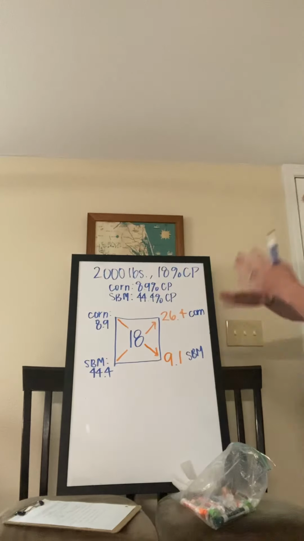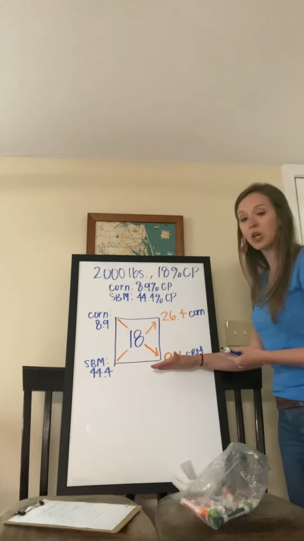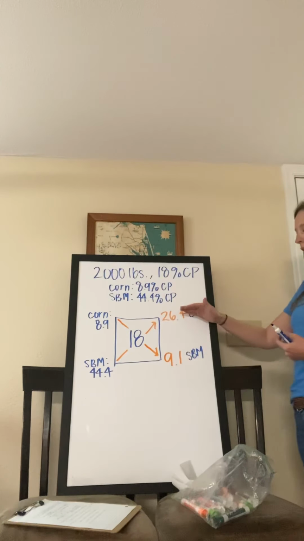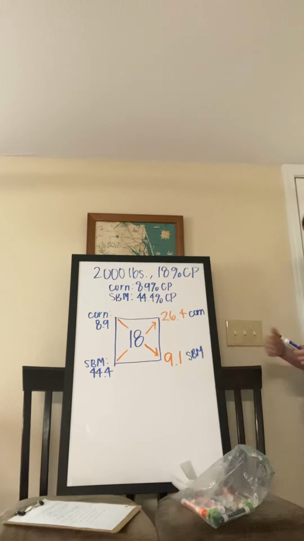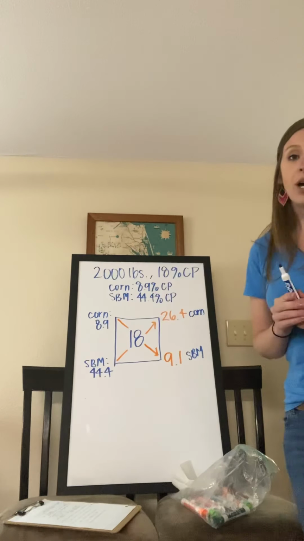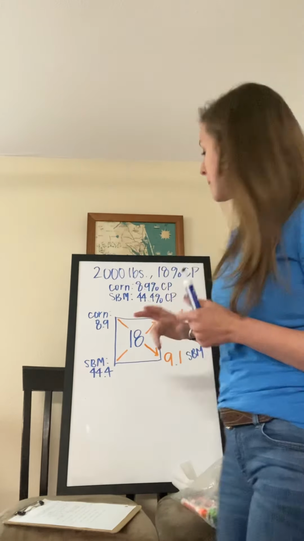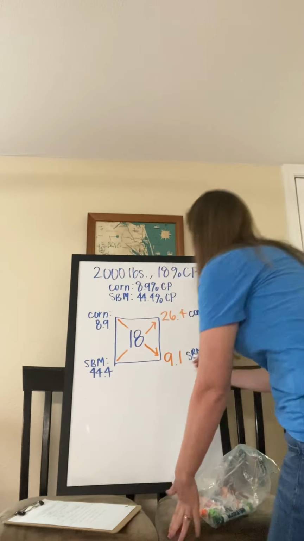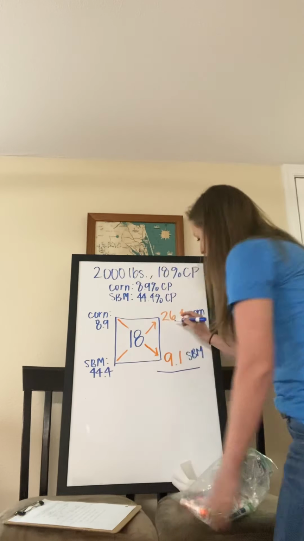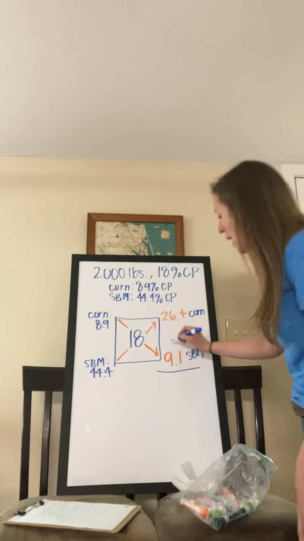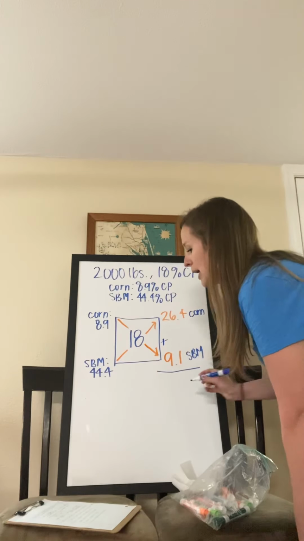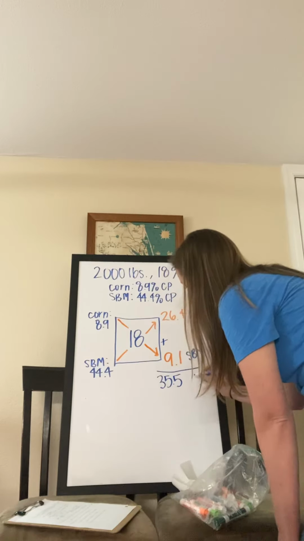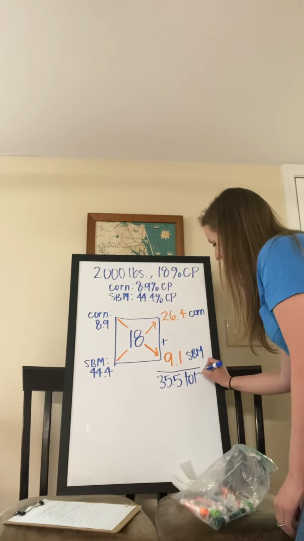Okay, so up to this point, we're kind of done with our square. That's all you're doing with the square. We subtracted, and then we got parts of corn and parts of soybean meal. Our next step is that we add these two numbers together. When I take 26.4 plus 9.1, I get 35.5, and that's just the total altogether.